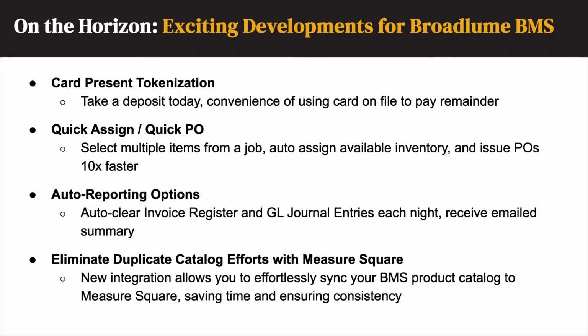Maybe 100 times faster. I could be overselling it, but this seems huge to me, because essentially you'll be able to go through, check yes, yes, yes, yes, yes, assign, and as long as it can determine that it's safe to assign this inventory, it'll do so. And if it needs any POs to be issued, it'll auto issue those as well for approval.